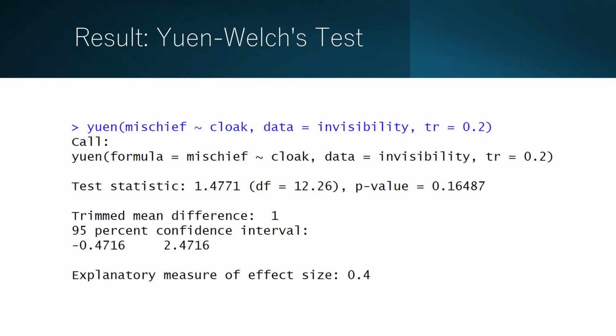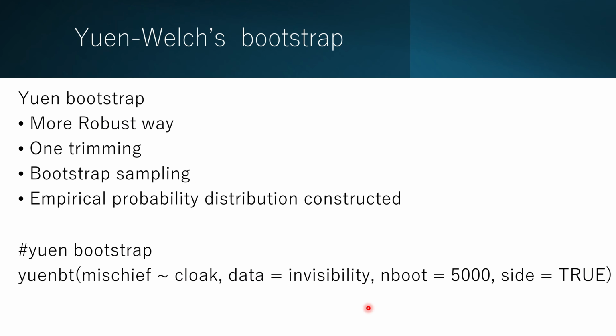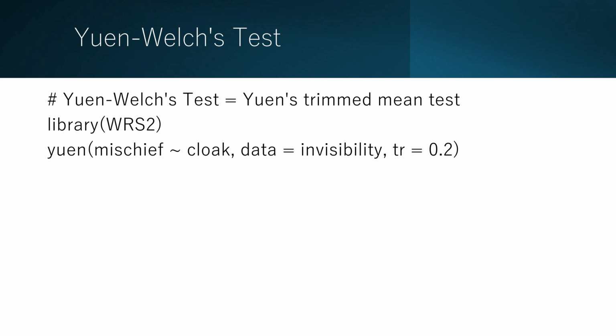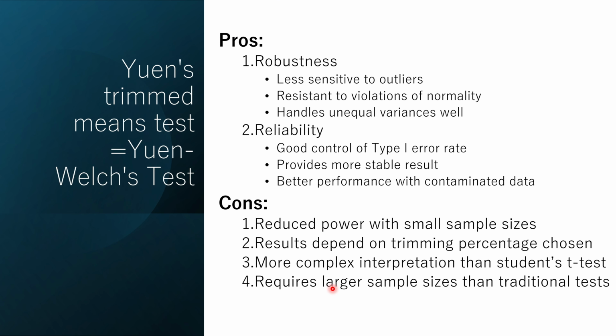Okay, next I would like to explain the bootstrap multiple Yuen-Welch's test. Yuen-Welch's test is robust but requires a larger sample size.